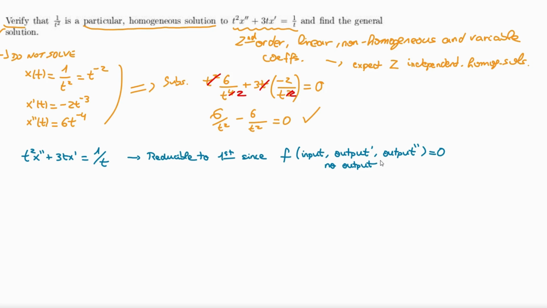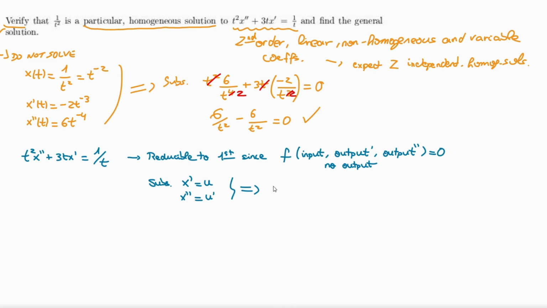In those cases, there is a nice substitution. You can check your notes or the cheat sheet. There is a nice substitution to simplify tremendously the structure. That substitution is the following: x prime equals u, hence x double prime equals u prime.